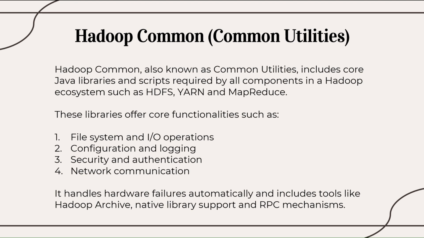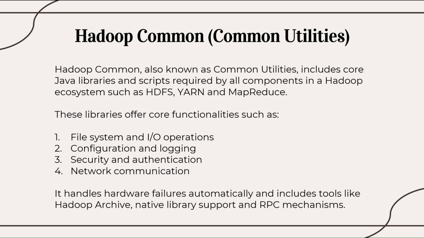It handles the file input output operations, the configuration, logging, security, and also the network communication. It also manages hardware failures and includes built-in tools like Hadoop Archive and native libraries. In short, Hadoop Common acts as the foundation that supports the entire Hadoop framework.